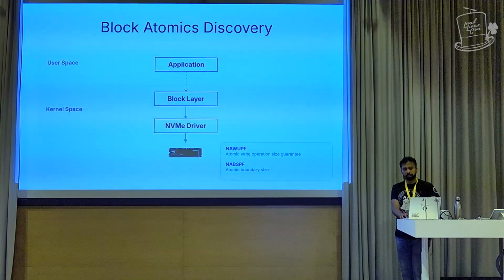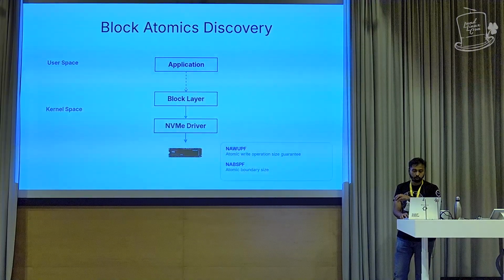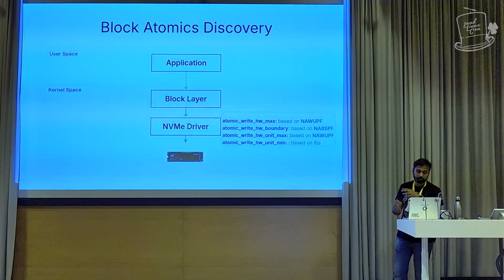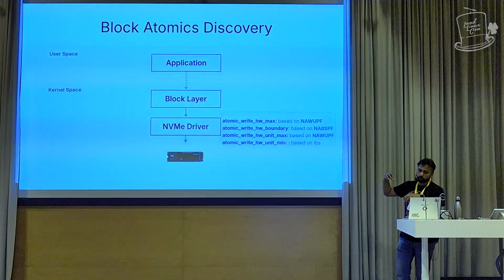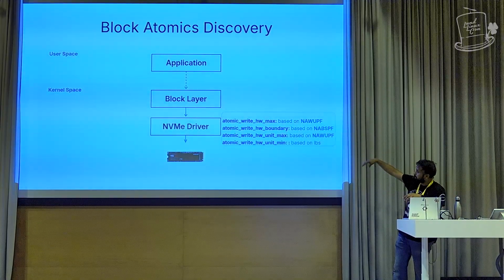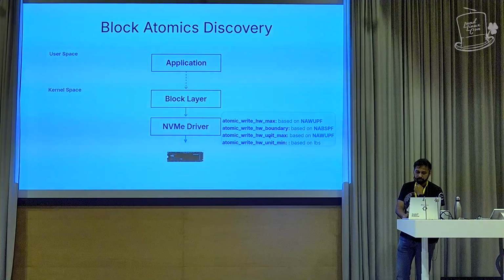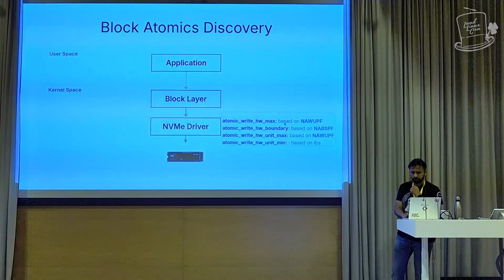Okay, so once the device exposes, hey, these are the two things I support, then the NVMe driver comes in and reads those values and puts them in variables in the NVMe driver itself. So you have hardware max, boundary, unit max, and unit min. There are slight differences between hardware max and unit max. Like this always needs to be a power of 2. This doesn't need to be.